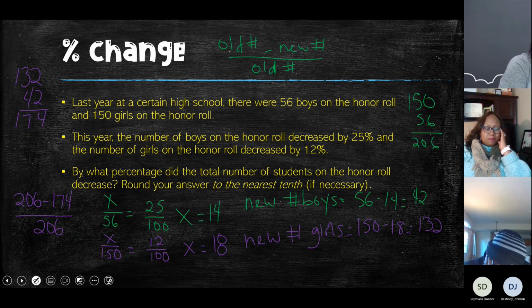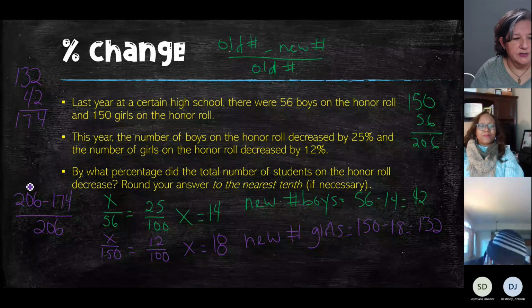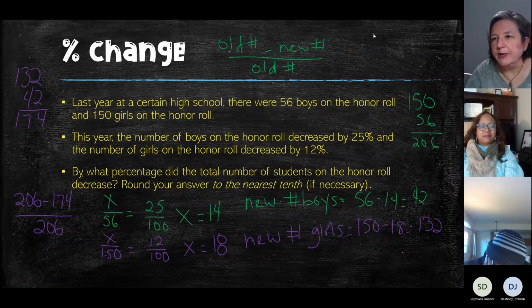So 206 minus 174. We can't see your writing. Can you see the 206 minus 174 over in the corner? Yes. Okay. I'm just running out of room.